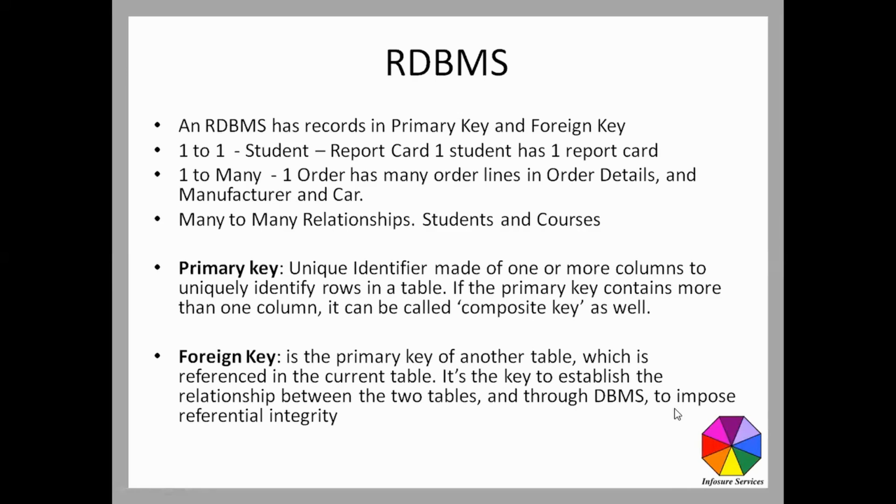This rule which we impose is called referential integrity constraint. Okay, the primary key is a unique key. Can a primary key contain more than one column? Yes, it may contain, but typically one column is a primary key. There could be a combination of columns, which is a composite key as well.